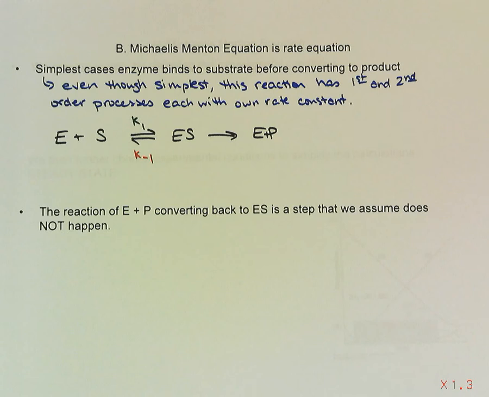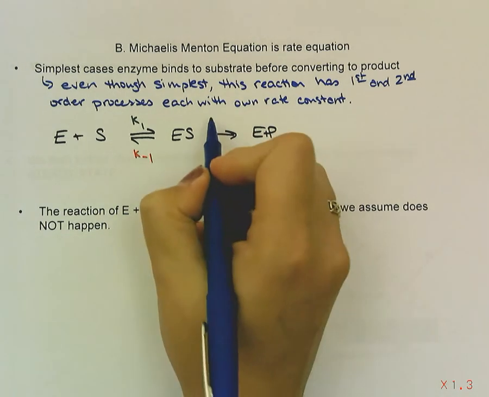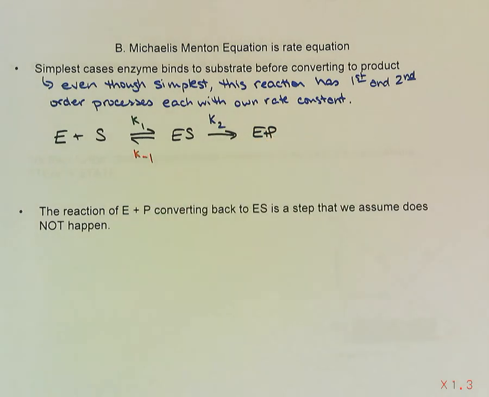I'm going to call that K minus 1, indicating that it's the opposite of K1. The minus tells me K1 goes one way, K minus 1 goes the other way. And the other reaction we're going to be concerned about is K2, the enzyme substrate heading to enzyme plus product.